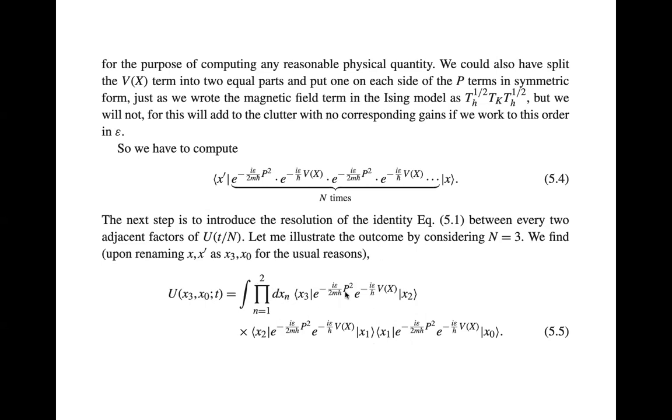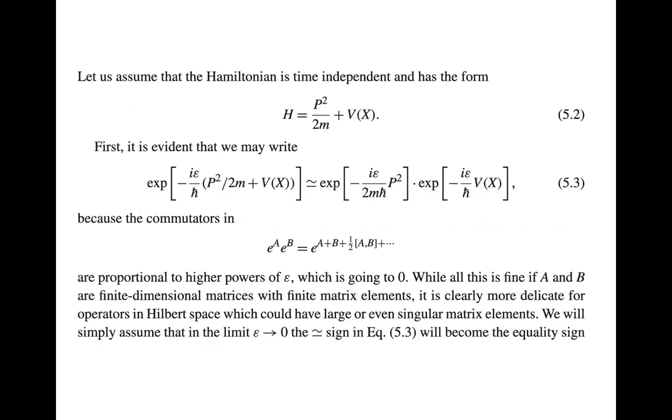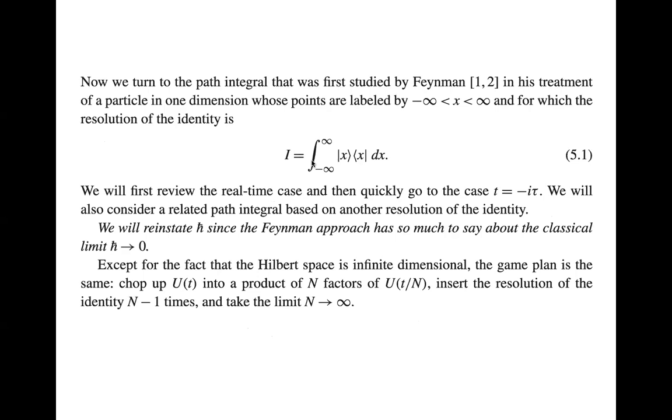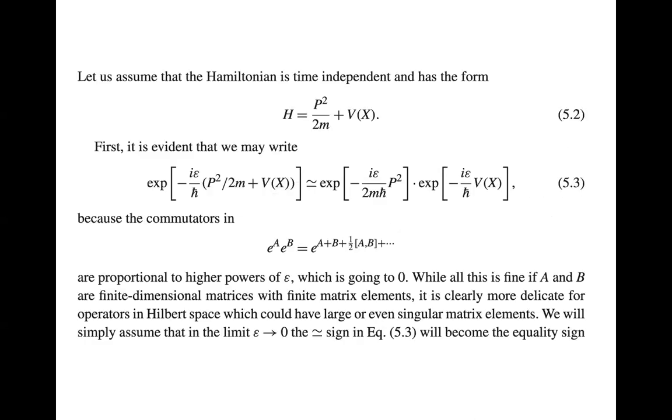So then things will become clear. We insert this resolution of identity, which is this one. This thing is equal to 1, so we can always insert this one, right?